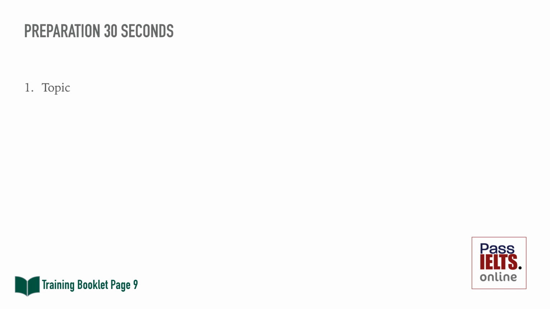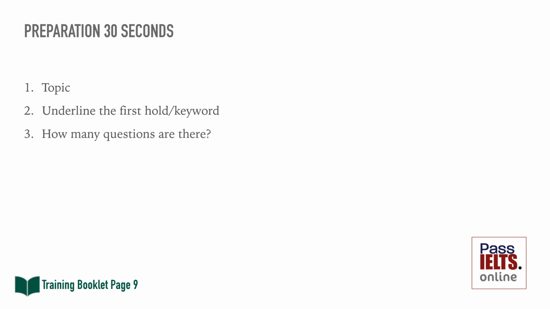First, what's the topic? As we said, it's important to know what the recording is about so you can understand and keep up better. Secondly, it's very important to find the bold or keyword in each set of questions, which you then should underline. 3. You need to know how many questions there are. And 4.